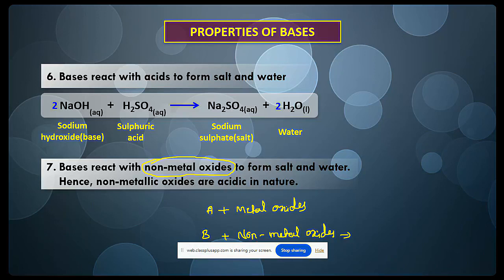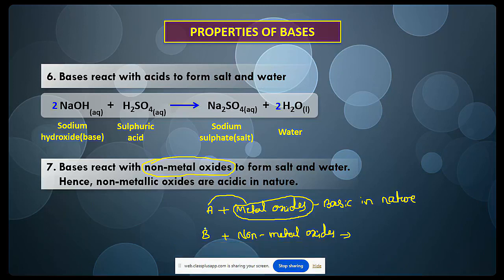So if you see here, acids react to get salt and water, what do we need? Base. So that's why metal oxides act as basic in nature. Here again, base is there to react with acids, then only we'll get salt and water. That's why non-metallic oxides act as acidic in nature.